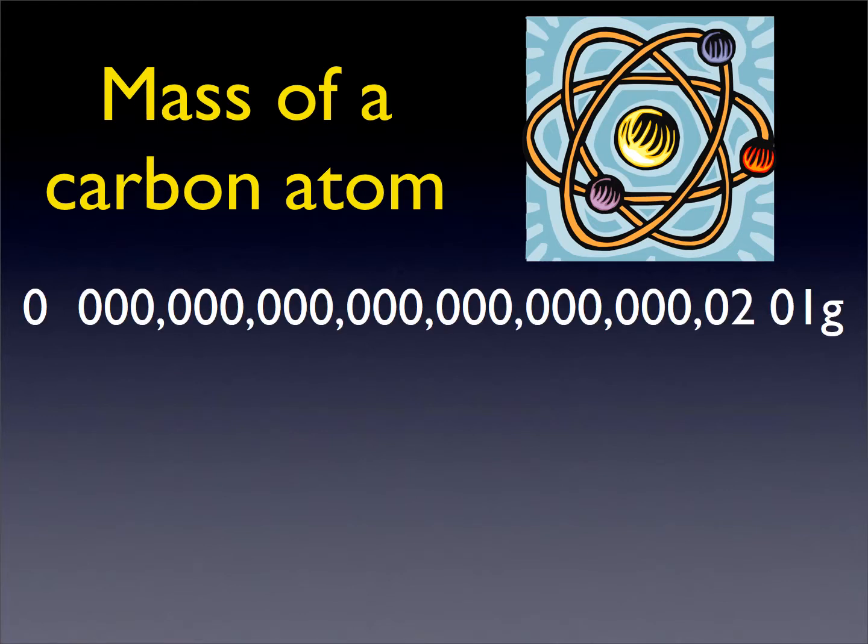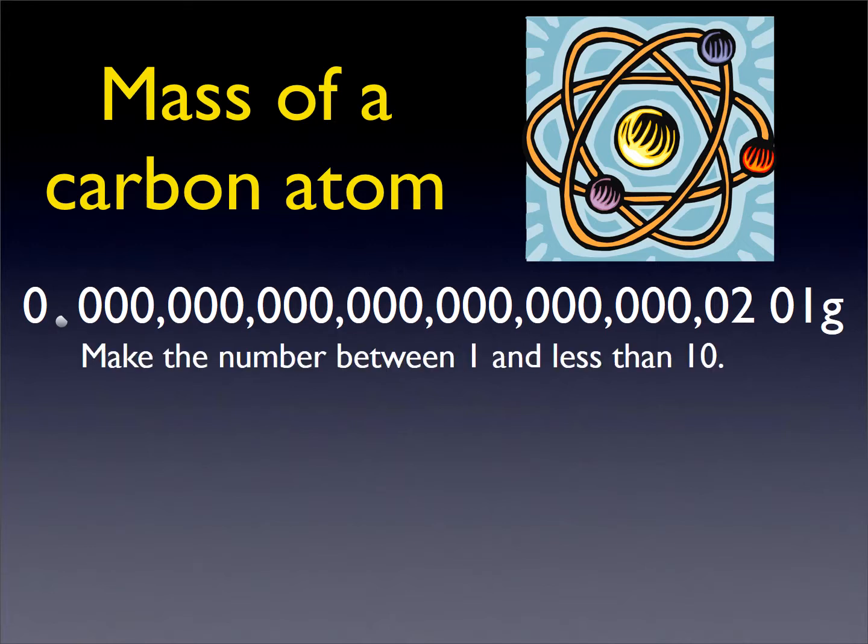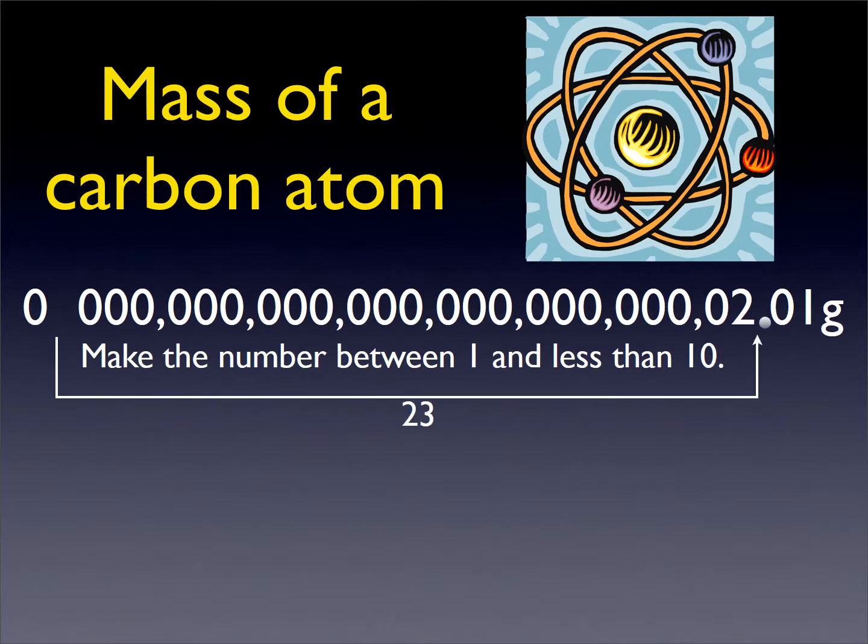Mass of a carbon atom, very, very small. Okay, so we don't want to write that small number. We want to use scientific notation. So the decimal point is there on the far left, and it took us 23 times to move it between 2 and 0. Because it has to be between 1 and 10, the number is 2.01.